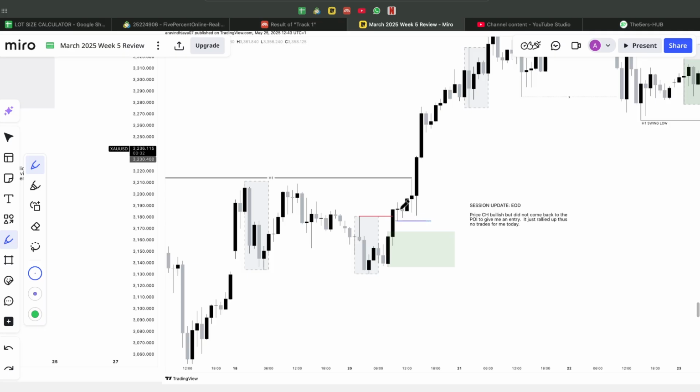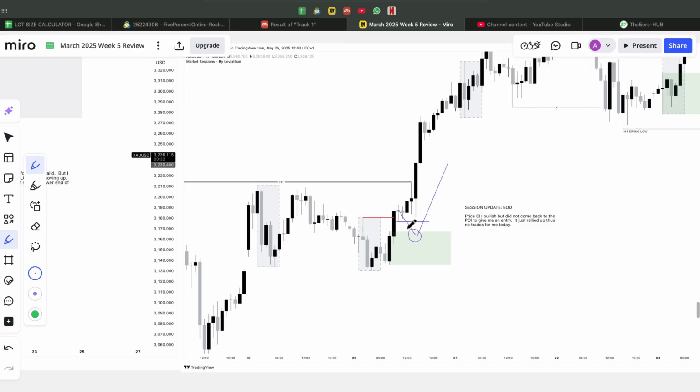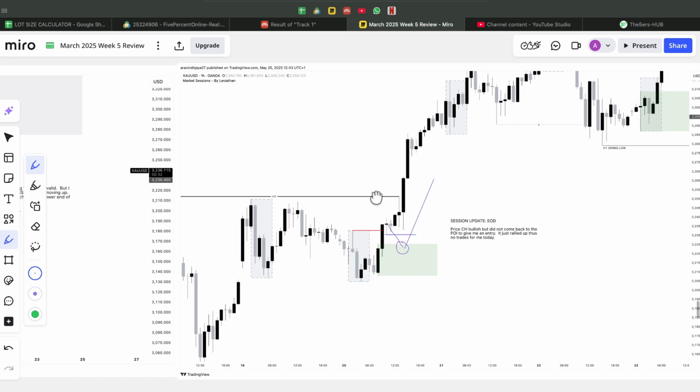Price could have taken that, made a short push down, and trapped all the early sellers, and it could have pushed up, but price did not come back to this POI, and it just skyrocketed up. So it's not always that we get the trade, but sometimes when it happens, we must be in the charts to take those opportunities. So it is what it is.